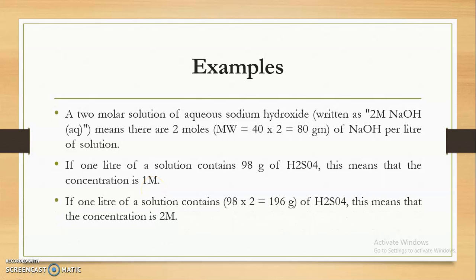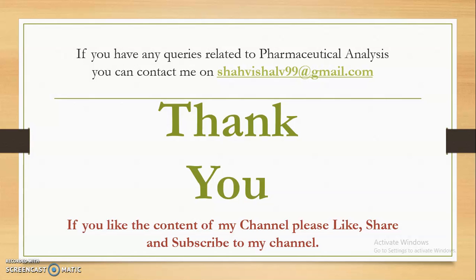If 1 liter of solution contains 196 gram of H2SO4, this indicates the concentration of that solution is 2 molar. In this way, we can calculate the moles of different solutes.